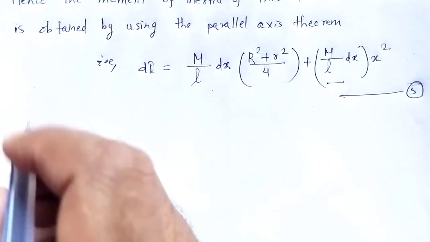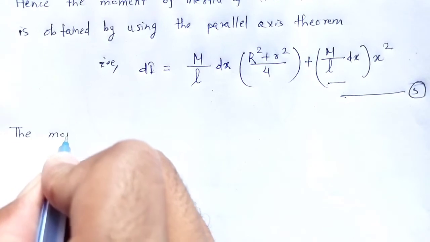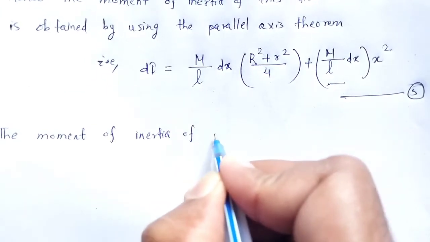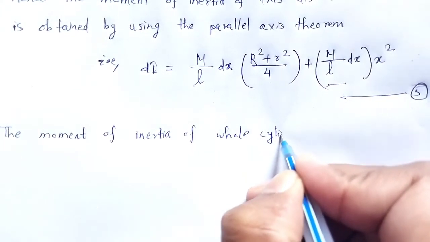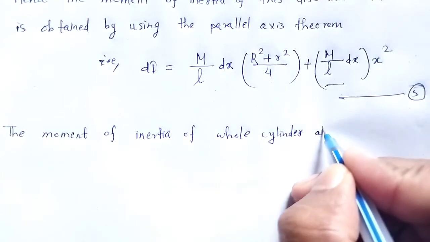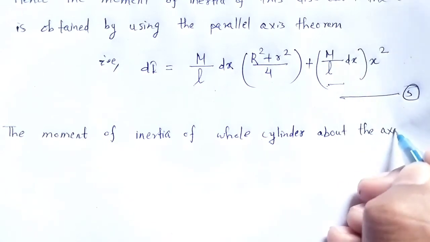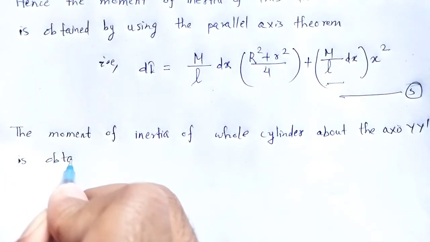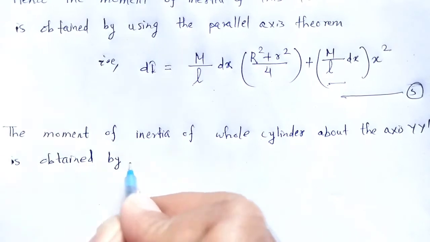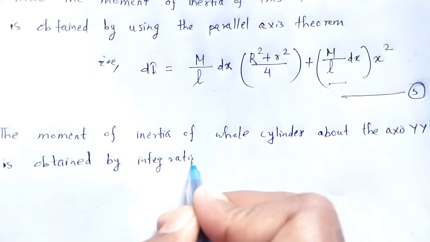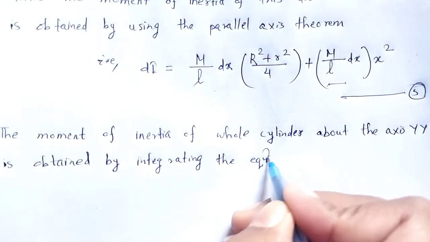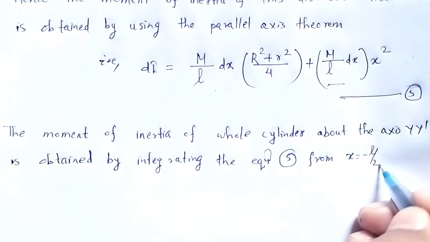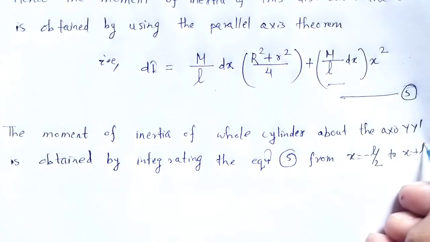Now the moment of inertia of the whole cylinder about the axis y dash is obtained by integrating the equation 5 from the limit x from minus L by 2 to x from plus L by 2.